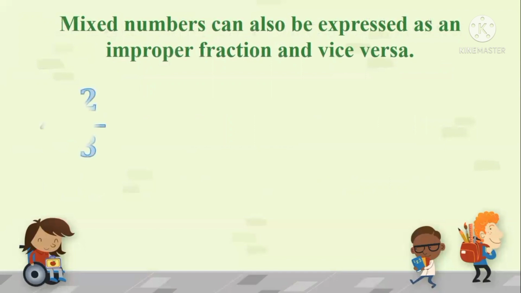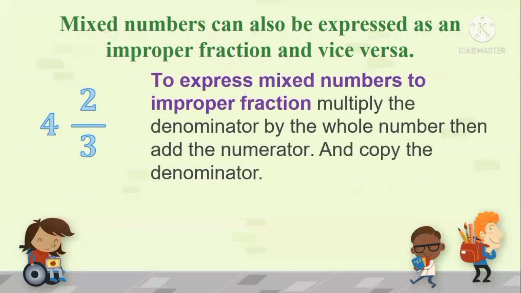So let's take this mixed number, 4 and 2/3. We can express this mixed number into an improper fraction by multiplying the denominator by the whole number, then adding the numerator and copying the denominator, like this.